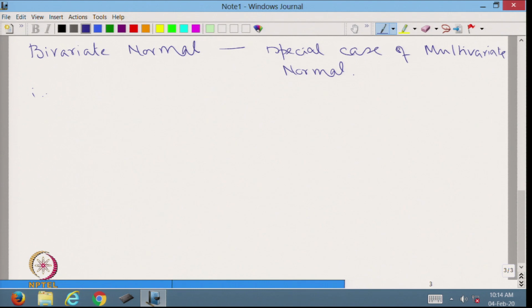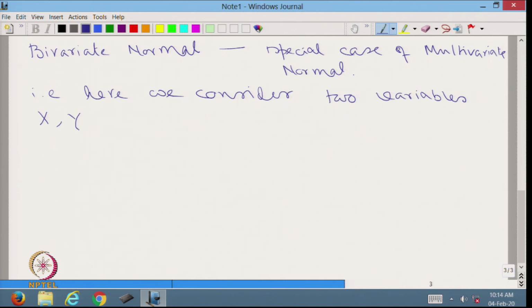That is, here we consider two variables x and y and look at their joint distribution.